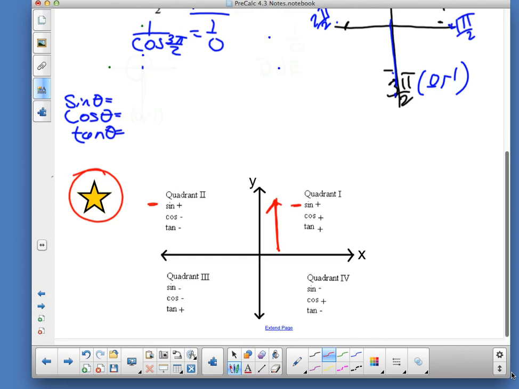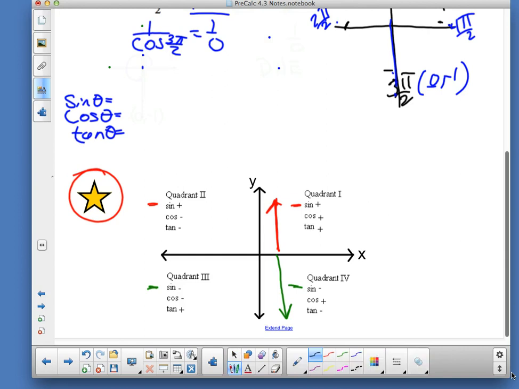Those are positive, okay? Let's stay with sine for a second. Sines in quadrants 3 and 4 are negative. Does that make sense? Because they're below the x-axis. They go down, so they'd have to be negative values. Remember, that's my y value.